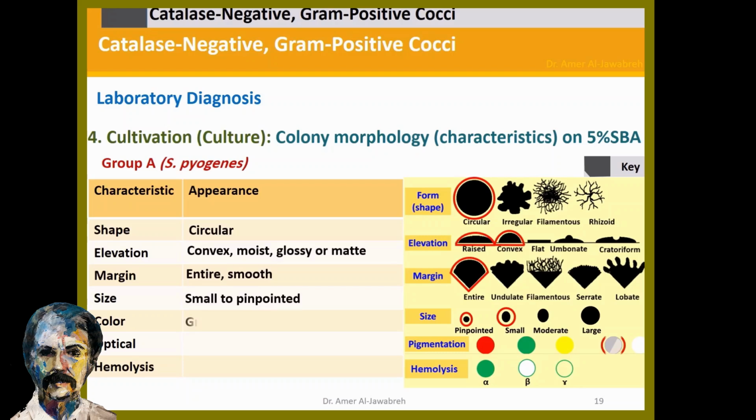Small or pinpointed, not like a strip. Color, grayish white, so gray, white, in between. Optical, transparent to translucent. So here we have three degrees: transparent, translucent, and opaque.